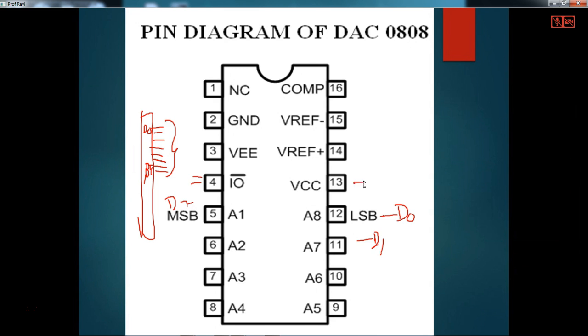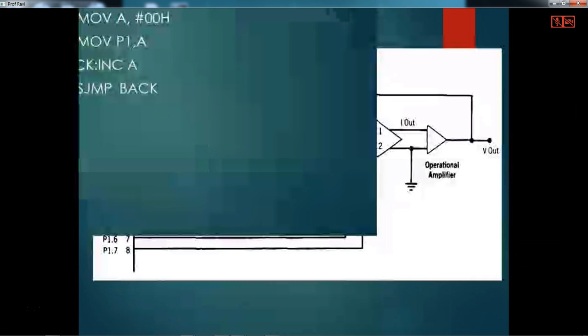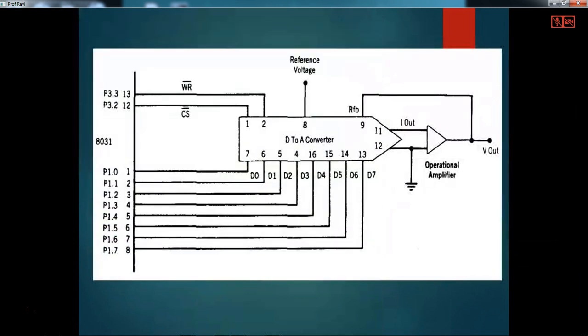You will connect this to VCC, and this to ground, and the reference voltage while it is converting is V reference. Possibly I will try to show you. So this is the hardware connection.